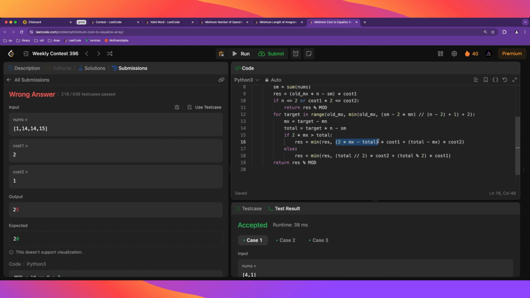But since the maximum is so big, we're gonna run out of pairs for it, and we're gonna be left with only that value. So we cannot do more double increments. So for that excess, we do cost 1 operations. For all the others, we do cost 2 operations.